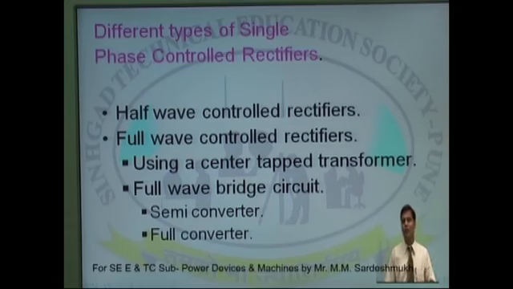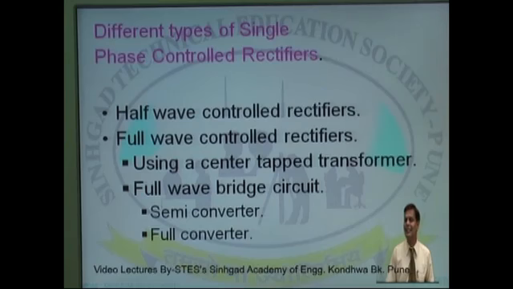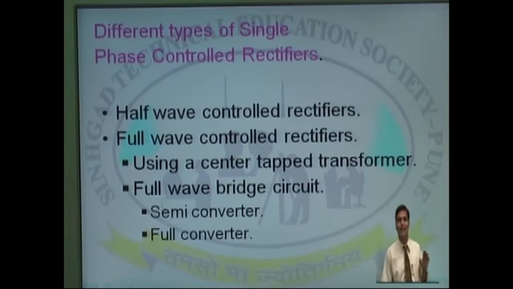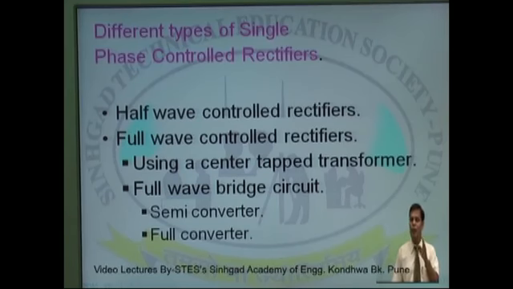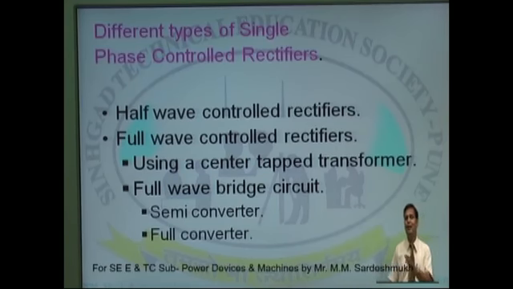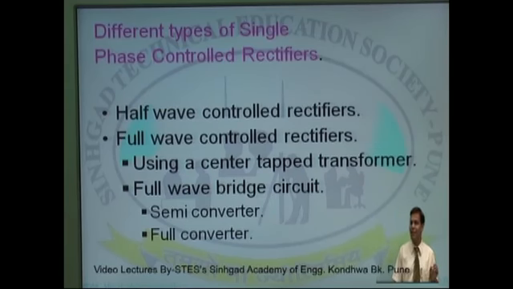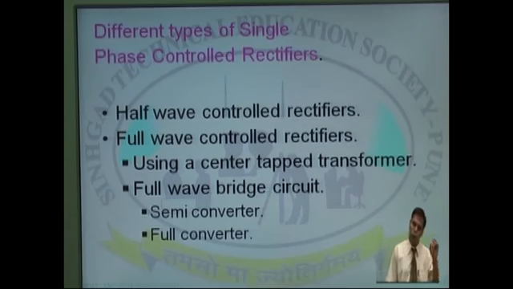Now the full wave converter can again be classified into two basic categories depending upon the configuration used. Either it is a center tap single phase full wave controlled converter using a center tap transformer, or using a bridge connection. So this can be classified as either M2 connection or B2 connection. Both have their own advantages and limitations.